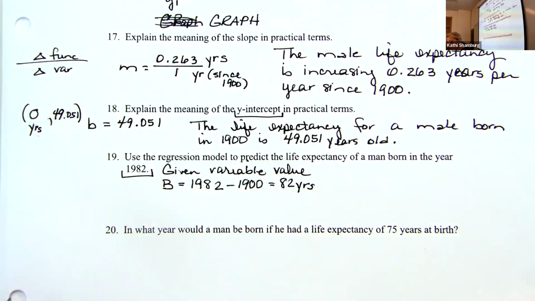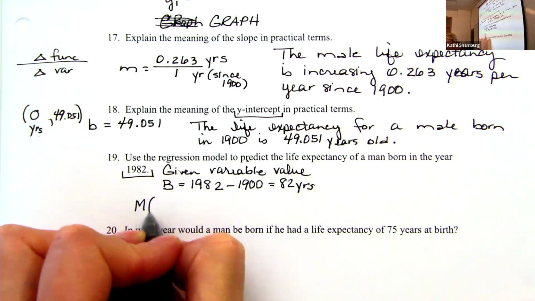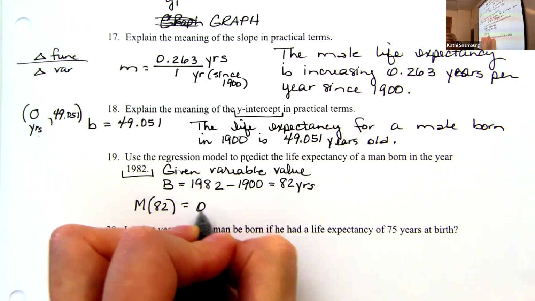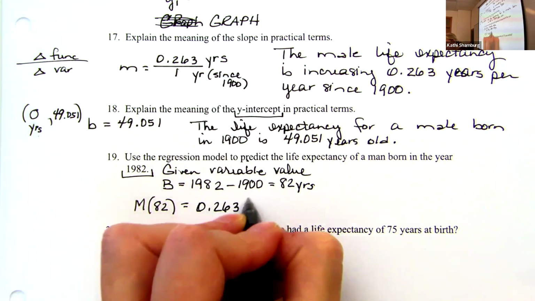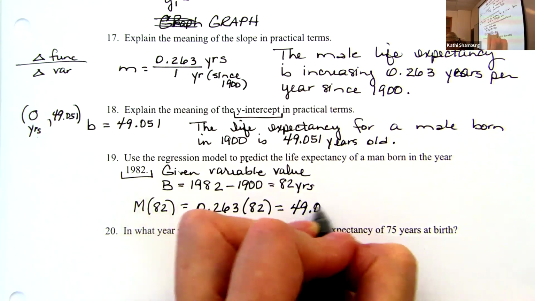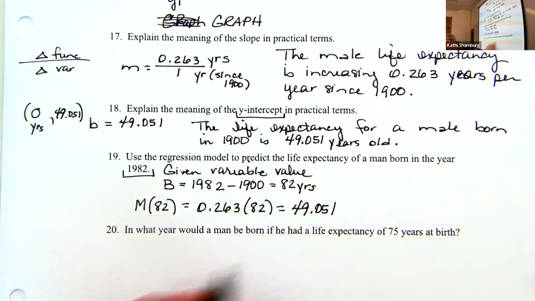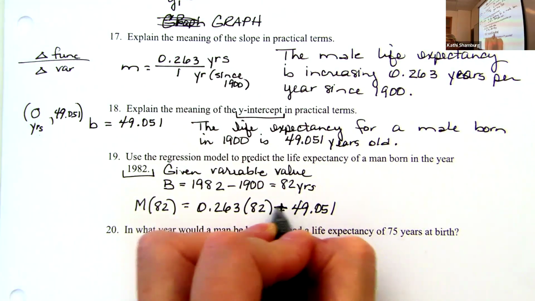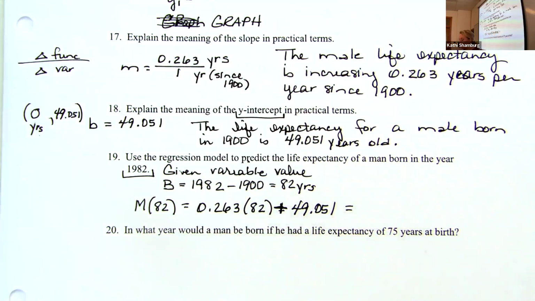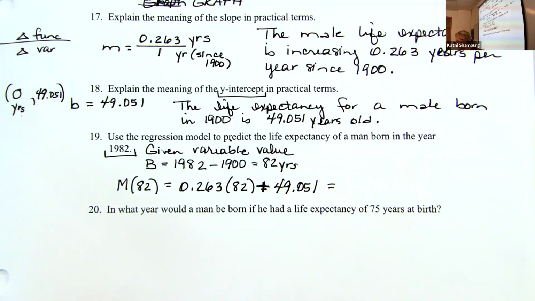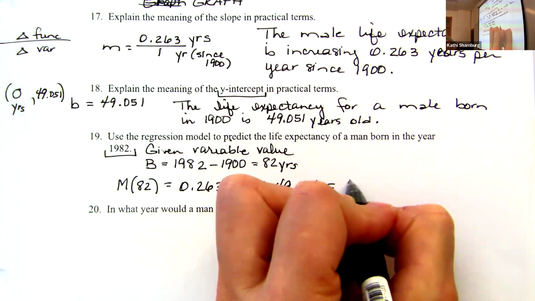So what we're looking for is M at 82 years since 1900, which is 0.263 times 82 plus 49.051. Now I want equals. So someone born in 1982, how long would you expect them to live? Give me 3 decimal places. 70.617.